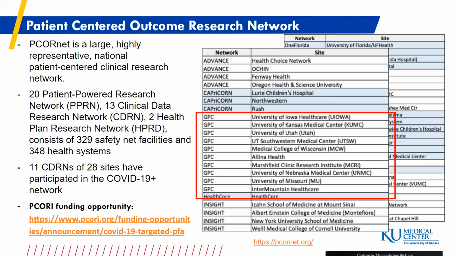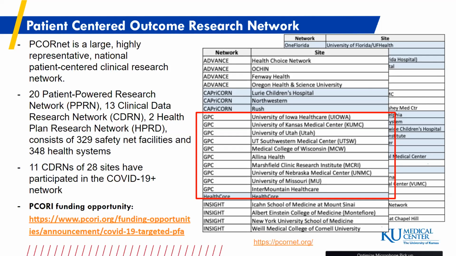And then the third effort that we're part of is the PCORnet COVID-19 Plus network. PCORnet stands for Patient-Centered Outcomes Research Network. It is a large, highly representative national patient-centered clinical research network. It consists of 20 patient-powered research networks, or PPRNs, 13 clinical data research networks, or CDRNs, and 2 health plan research networks, or HPRNs. KUMC is part of the Greater Plains Collaborative, or GPC, and GPC is one of the CDRNs.